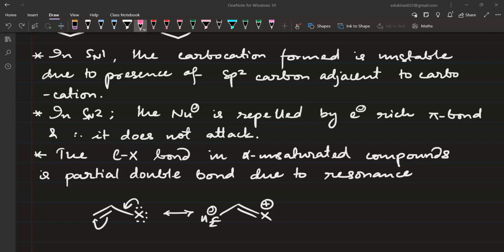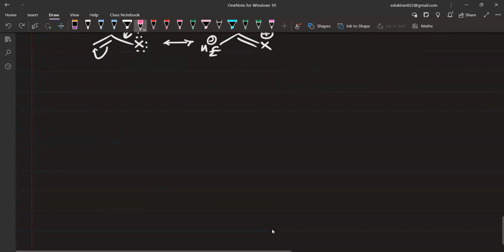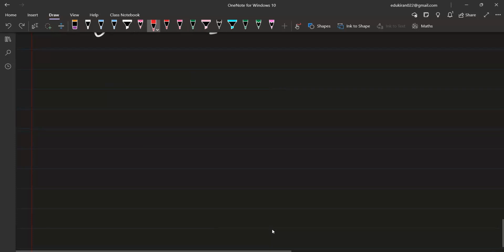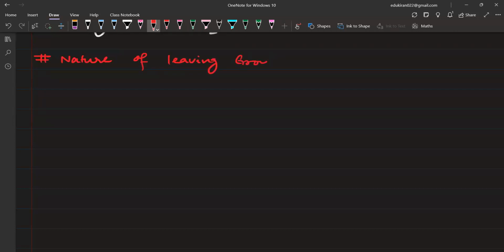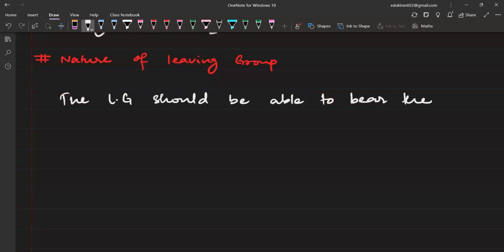Okay. Everyone is done. Now, moving towards the easy part, that is the nature of the leaving group. Please write here: the leaving group should be able to bear the negative charge.